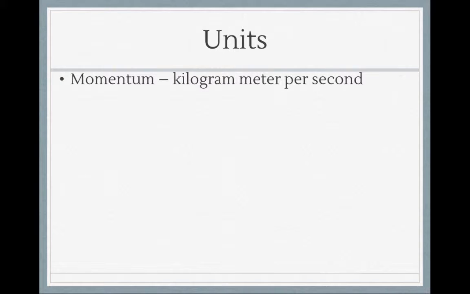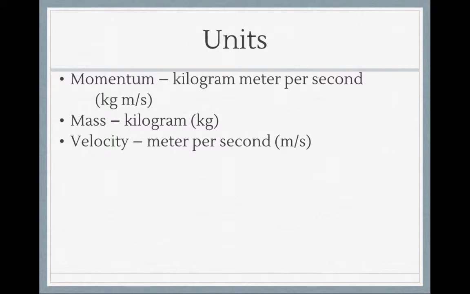So let's look at the units for those. The unit for momentum is a kilogram meter per second, kg·m/s. Mass is a kilogram. Velocity is in meters per second. Force is in newtons, or kilogram meters per second squared.